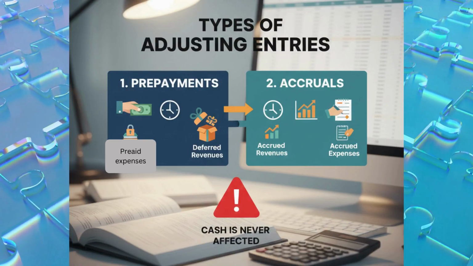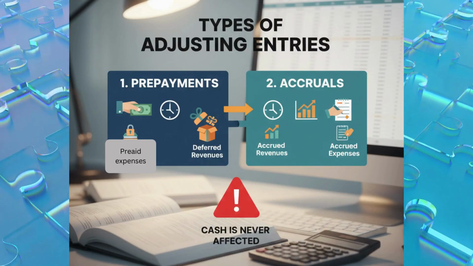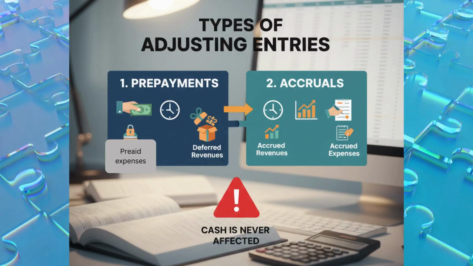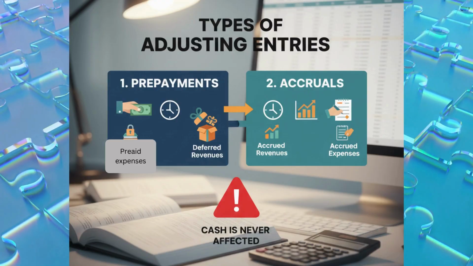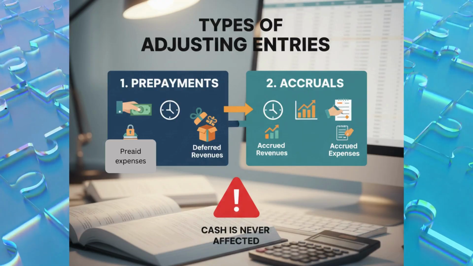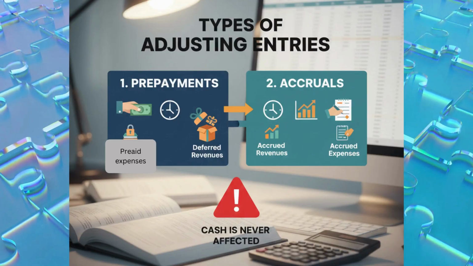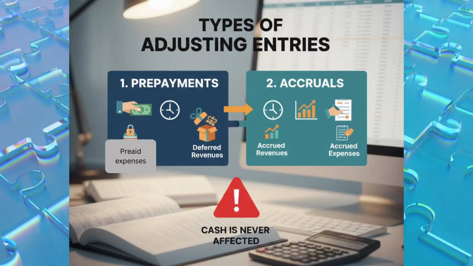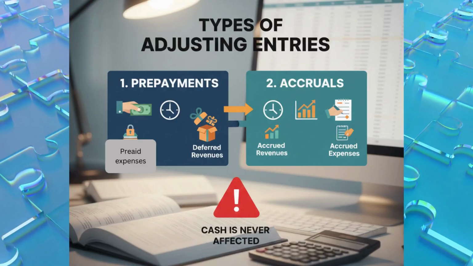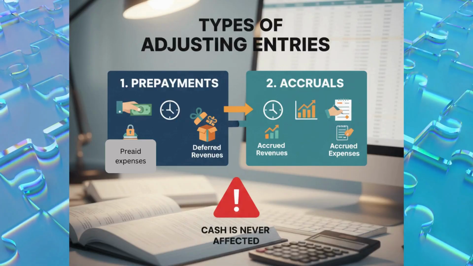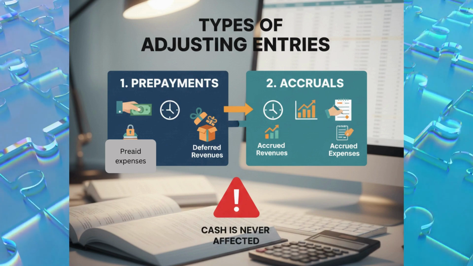Types of adjusting entries. Adjusting entries fall into 2 main categories. 1. Prepayments. These involve cash paid or received before the related expense or revenue is recognized. For example, prepaid expenses and deferred or unearned revenues. 2.